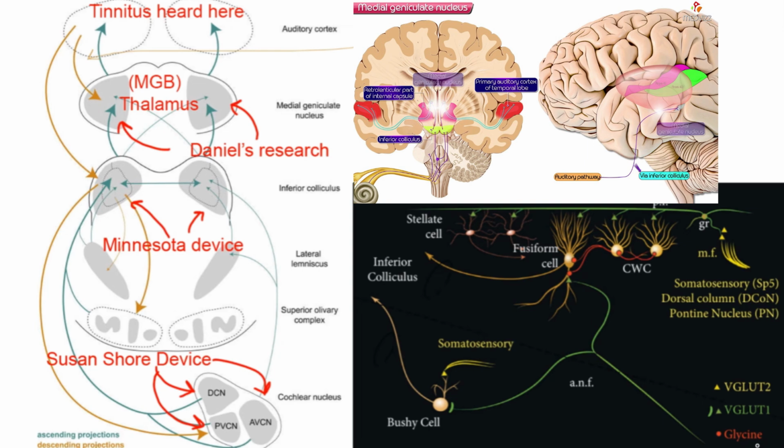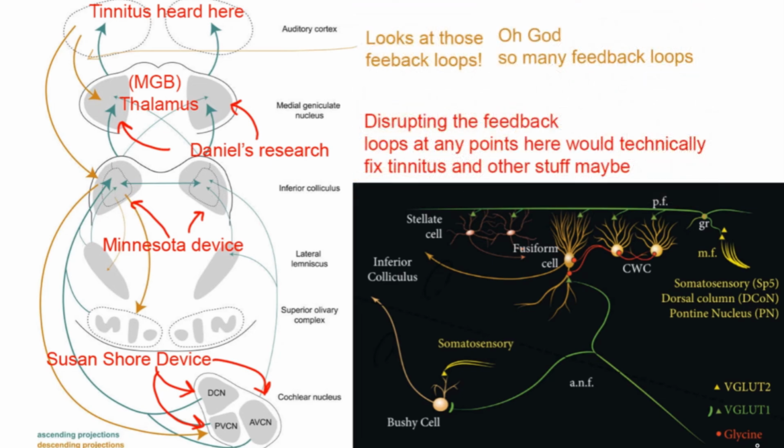So the hypersynchrony decreases with the Susan-Shore device usage, and that means that the organized, synchronous firing or hyperactivity of multiple clusters of fusiform cells stops due to the decrease in hypersynchrony, which means that the thalamus can stop interpreting this hyperactivity as important noise and filter it properly.